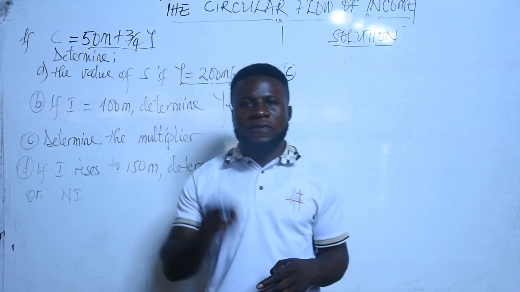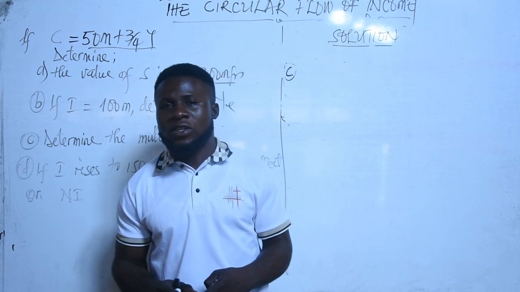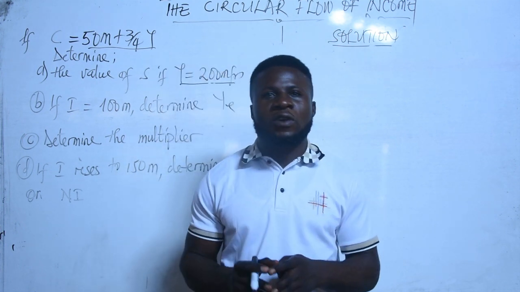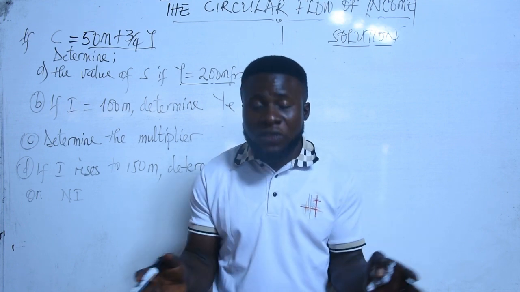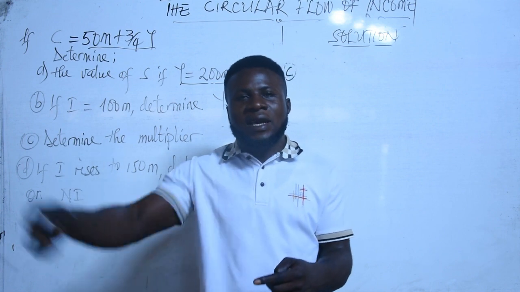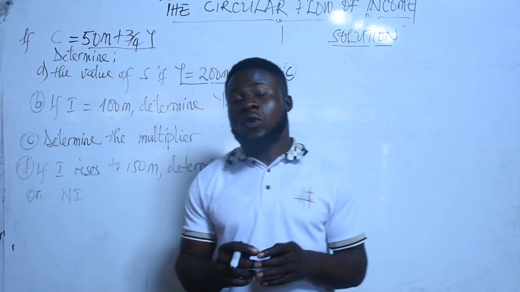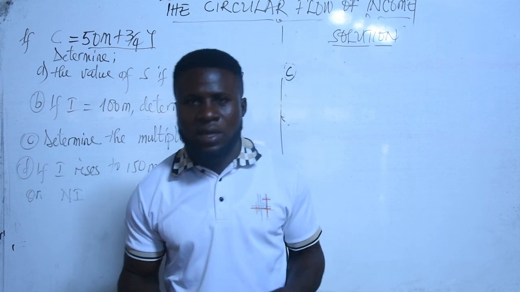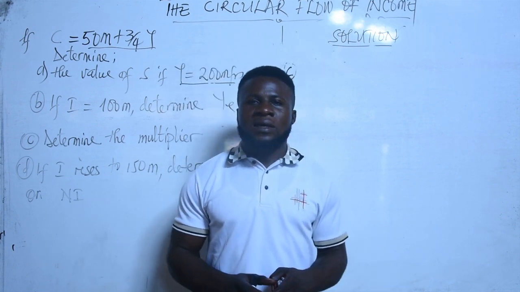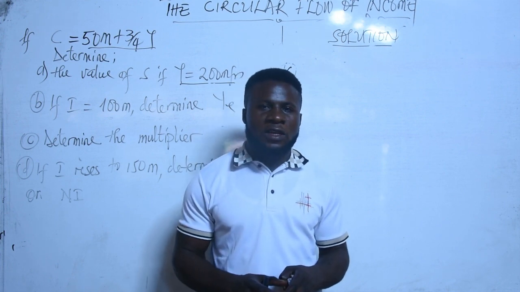That is to say, if something is injected, if investment, for example, or government expenditure or exports come into an economy by, let's say, 50 million, the multiplier effect on the national income will be greater than 50 million. Why? Because of this component called the multiplier, which is denoted by K. It is a catalyst that increases the size of every injection in an economy.